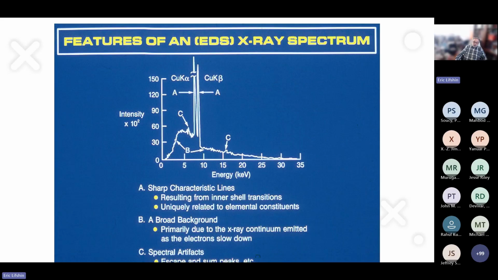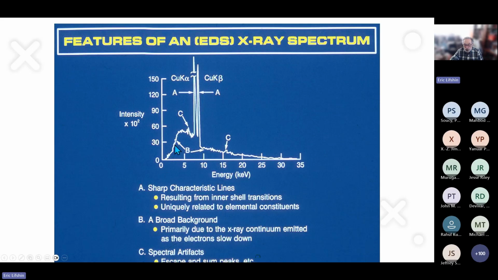It's due to the fact that as an electron accelerates, changes velocity, thanks to Mr. Maxwell, we get the emission of electromagnetic radiation. Like if I take an electron and spin it around in a synchrotron, I can get radiation because the acceleration vector is changing. So it's this broad background which is the problem, because if it's too big, we may have trouble seeing some of these peaks.